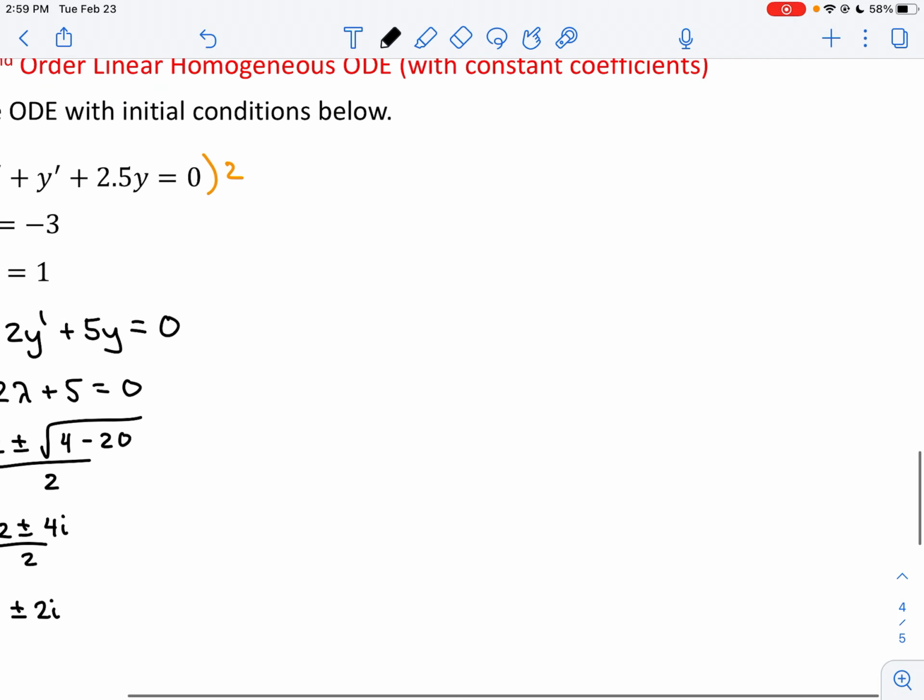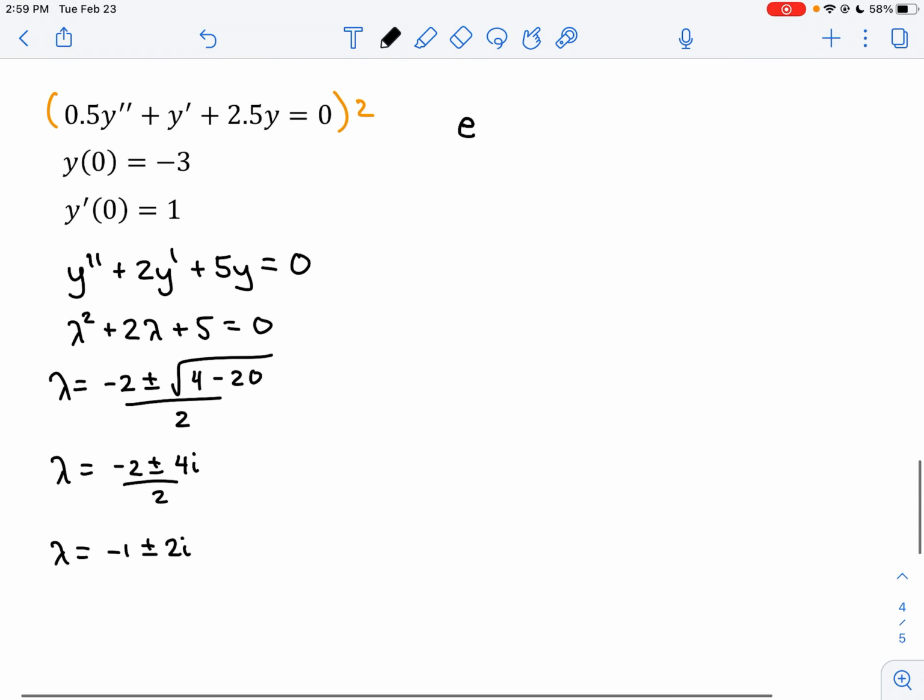So when I say that my solutions are going to be of the form e to the lambda t, it's going to be e to the negative 1 plus or minus 2i times t. There's my e to the lambda t. This is what our solutions are going to look like. One with the plus, one with the minus. But we're going to do a little bit of work here. We're going to distribute the t and write this as e to the negative t plus or minus 2it.